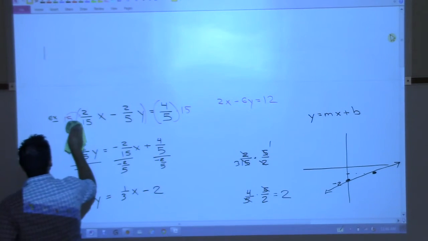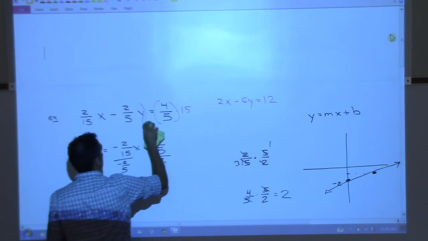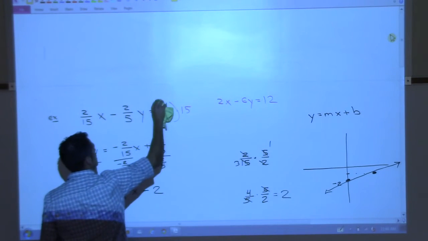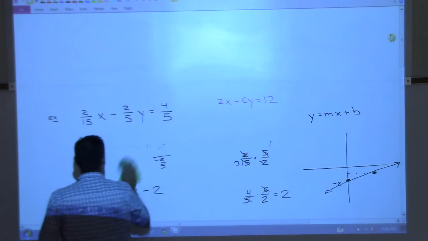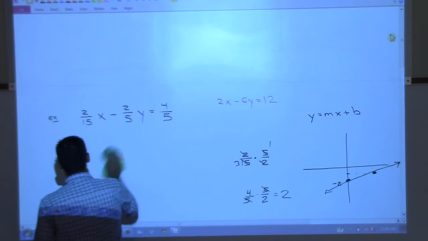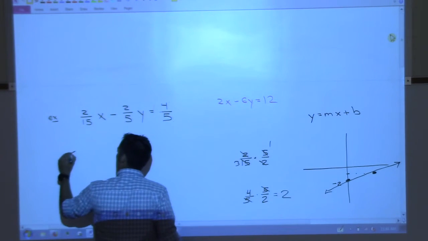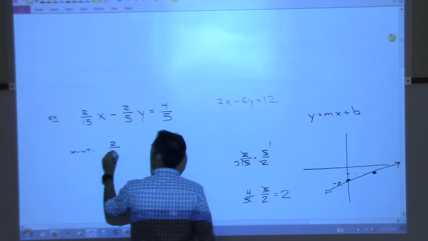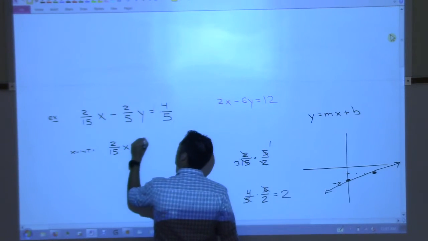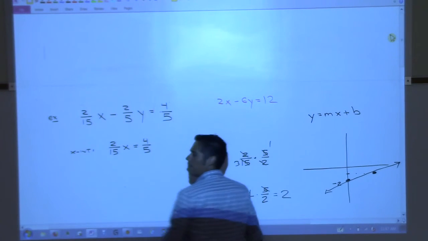Now, I said I would have done the intercept method, right? That's what I said I would have done. So if I were doing this problem, I would have just said, okay, let me find the X-intercept. So I would have set y to 0, and that would have given me 2/15 x equals 4/5, right?